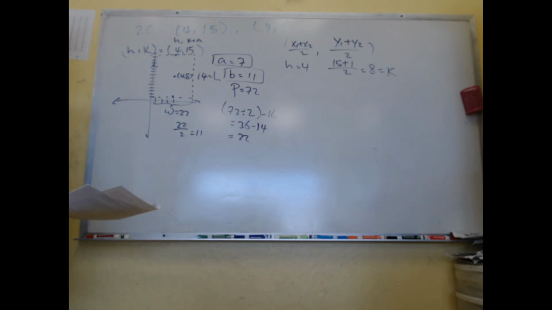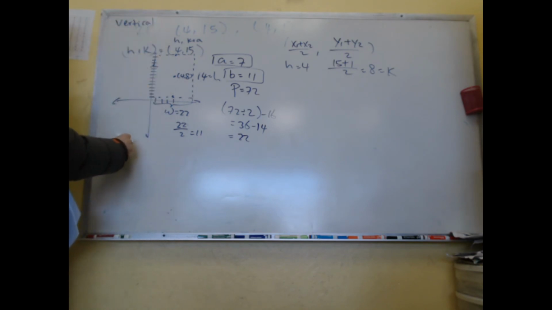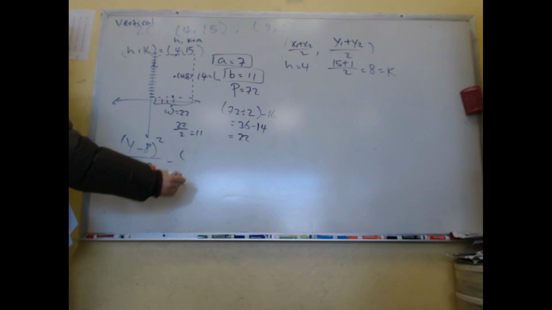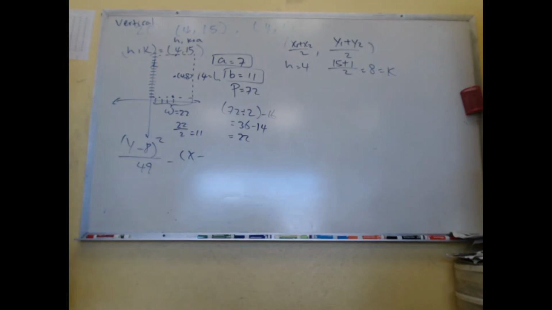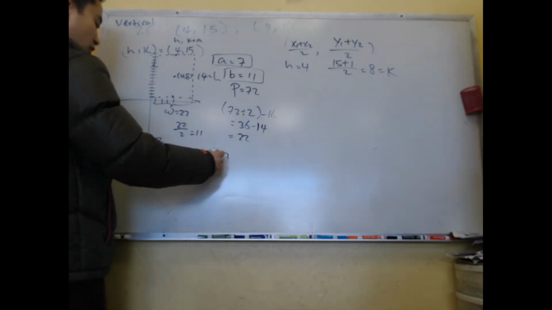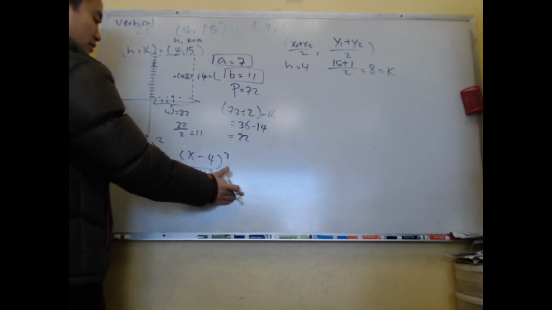Again, what kind of hyperbola is this? Vertical. So that means it's (y minus 8) quantity squared over a squared, so it's 49, minus (x minus h), so (x minus 4) quantity squared all over 11 squared, right?